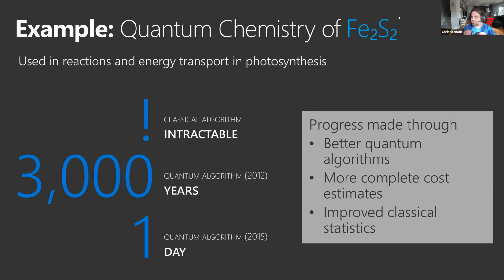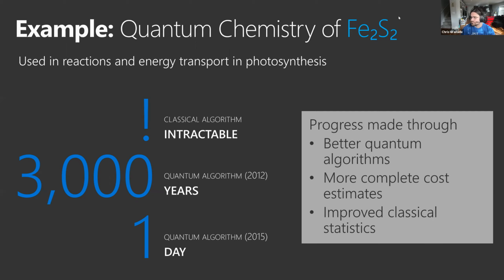The example I always come back to for that is quantum chemistry. If you look at examples like ferredoxin, at one point the best known classical algorithm was simply intractable, an age-of-the-universe kind of thing, whereas the best known quantum algorithm took, under fairly reasonable cost estimates, about 3,000 years to complete.